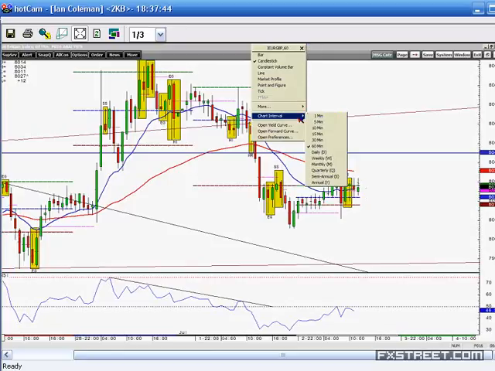I want to get a bias, so if I think that we're going to get dollar weakness, I want to buy sterling dollar or euro dollar, then I don't want to necessarily be buying both pairs, and I want to get a bias off euro sterling to tell me which pair I should be involved in.